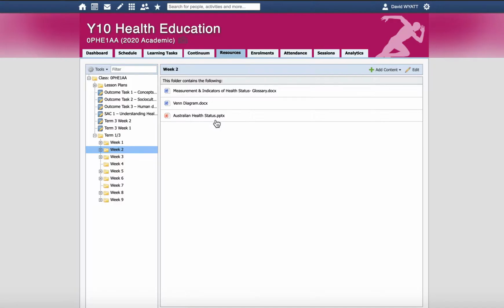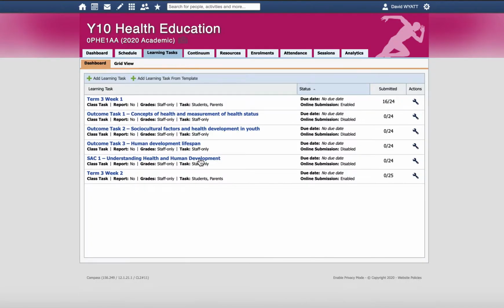I have made one change which I didn't upload that is shown in the video, and you'll also need the new glossary here. You do not need the Venn diagram for today. I've also created a learning task called Term 3 Week 2 where you'll be able to upload the work. Now just a little reminder that I don't have everyone's Term 3 Week 1 work. So it's a good idea to make sure you stay on top of that and don't fall behind, and if you did complete it and you want to re-upload it today.